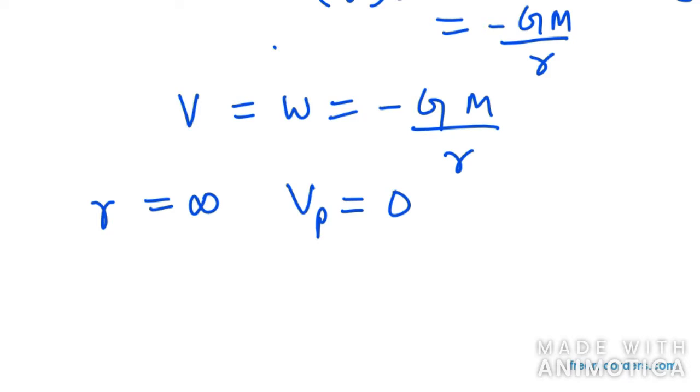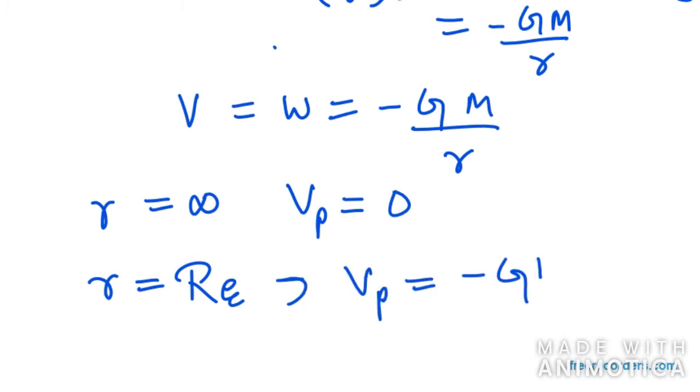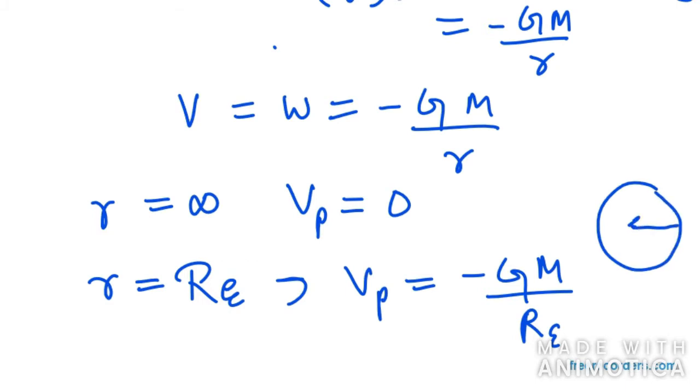Now when it is at the surface of the earth, when r is equal to the radius of the earth, it will be Vp equal to minus GM over Re, because it is the radius of the earth.